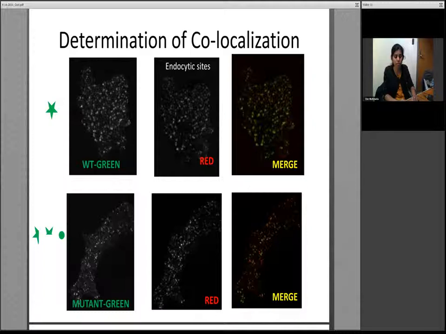So it would be really useful to be able to detect the percentage of co-localization between the red and the green, that is, the number of red dots that are also occupied by green. That would tell us the ability of these mutants to localize at endocytic sites, which will very naively translate to their ability to also enhance cell migration.